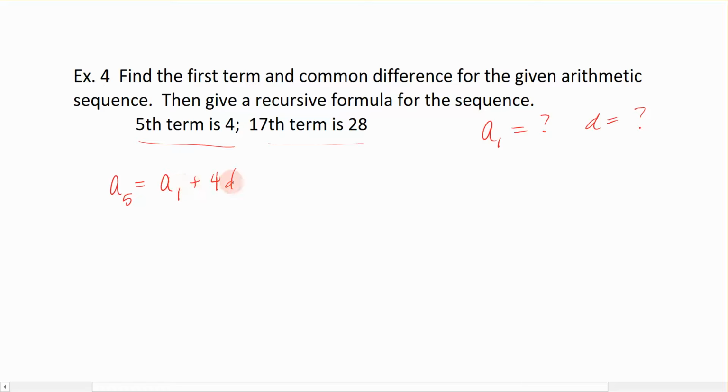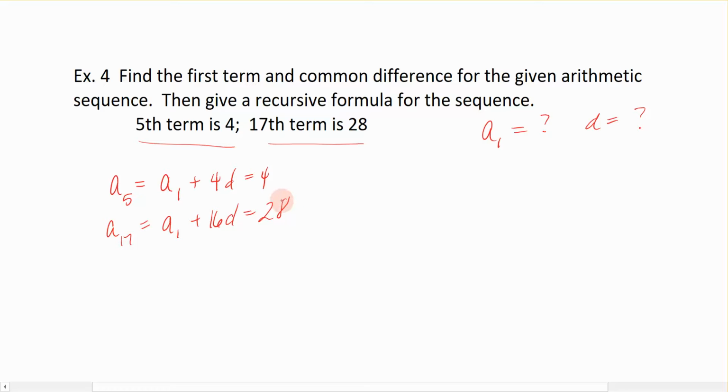And I know that that 5th term is 4. So maybe we can come up with two equations and solve, right? I can do the same thing for the 17th term. a of 17 would be the first term plus 17 minus 1, which would be 16, times the common difference d. And I know that that 17th term is 28.